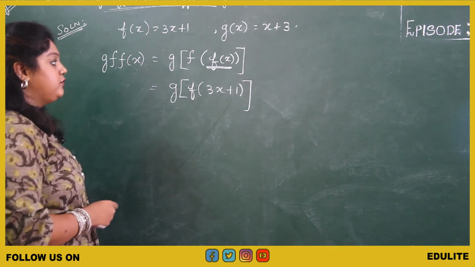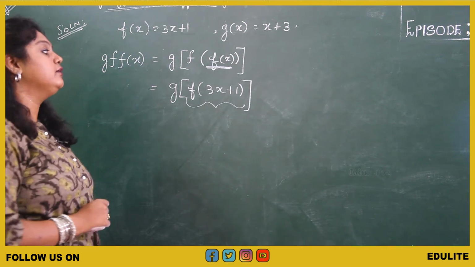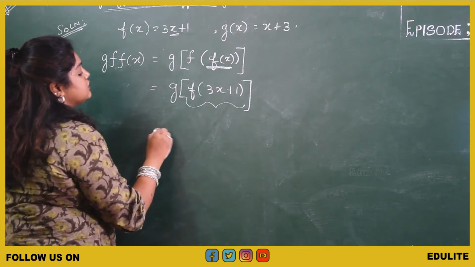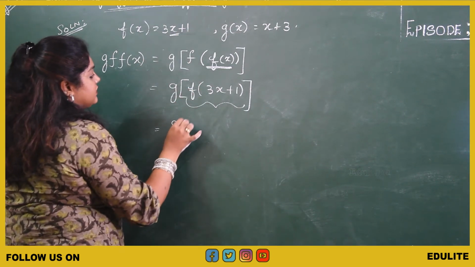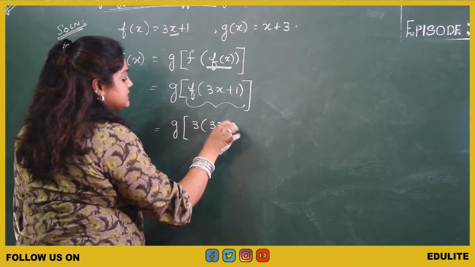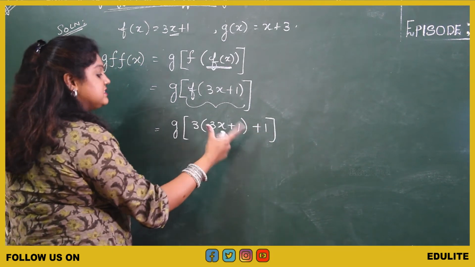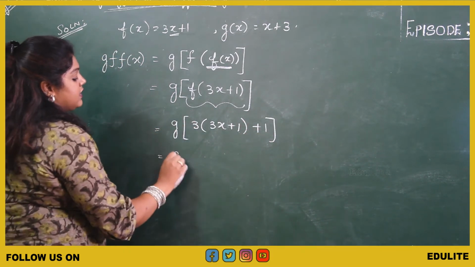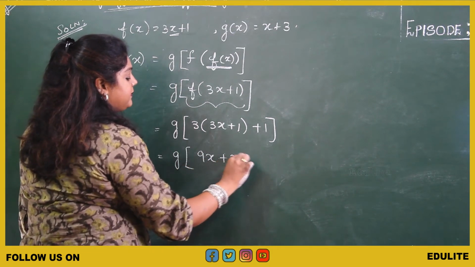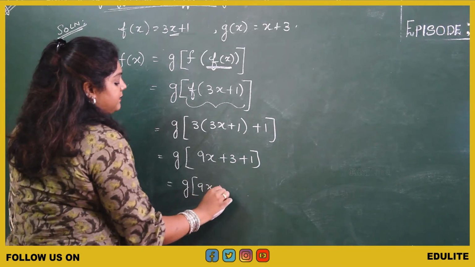Now again we have to use the function f of x, but instead of x we have to substitute 3x plus 1 in the place of x. So this will become g of 3 into 3x plus 1 plus 1. So we will simplify this, then we will move on to the g portion. G of 9x plus 3 plus 1, g of 9x plus 4.